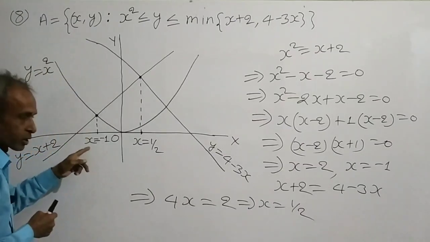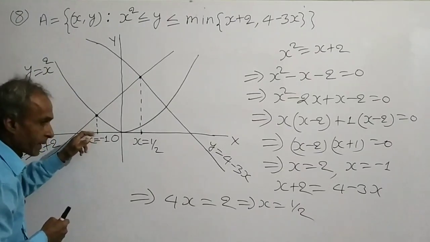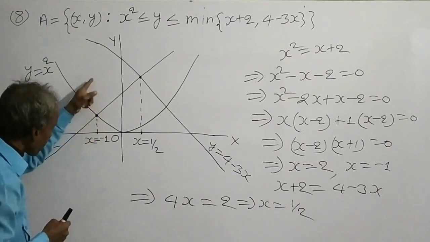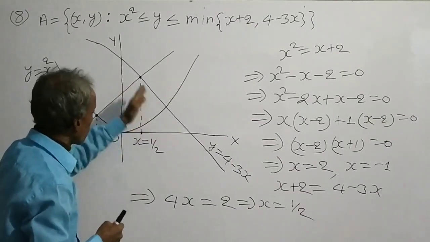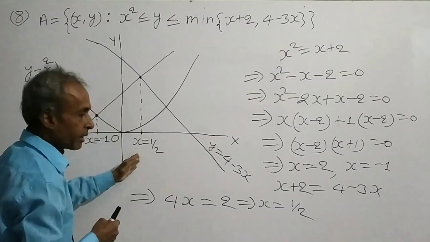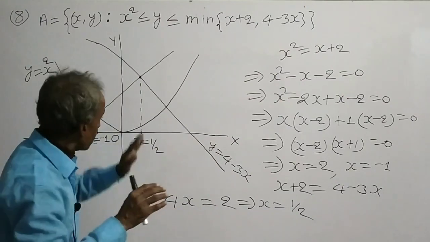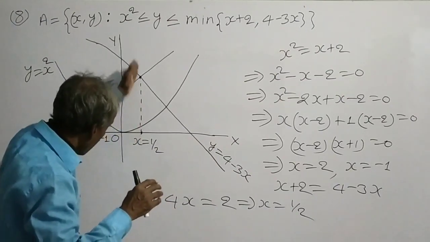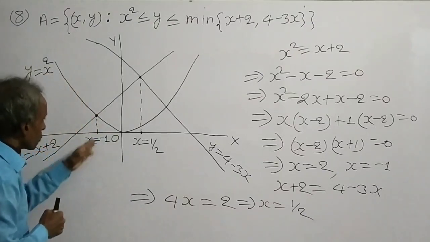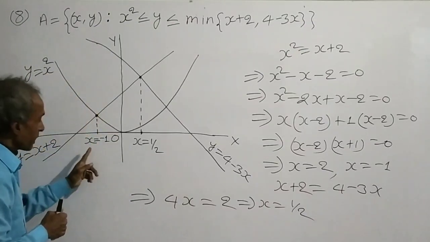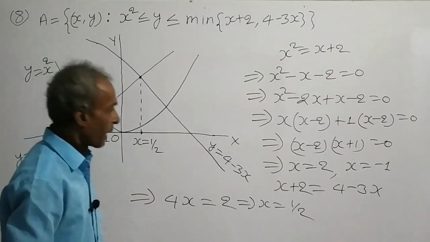Similarly, the x coordinate of all the points lying on this dotted line will be minus 1. Therefore, the equation of this dotted line is x is equal to 1 by 2. The equation of this dotted line is x is equal to minus 1.